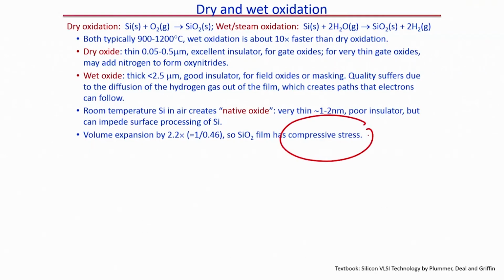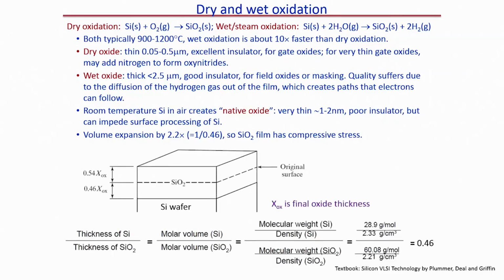This is something we need to understand when we fabricate a micro cantilever, because we have to compensate the stress created by silicon dioxide by using another film, which can be silicon nitride. You can see here very clearly the silicon wafer, and how the final thickness we can obtain from silicon dioxide depends on the molar volume of silicon and of silicon dioxide.